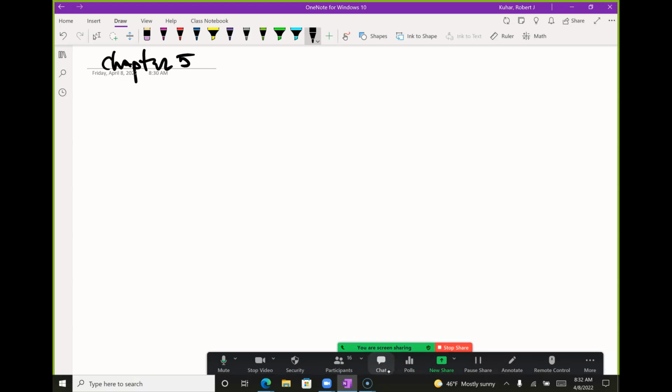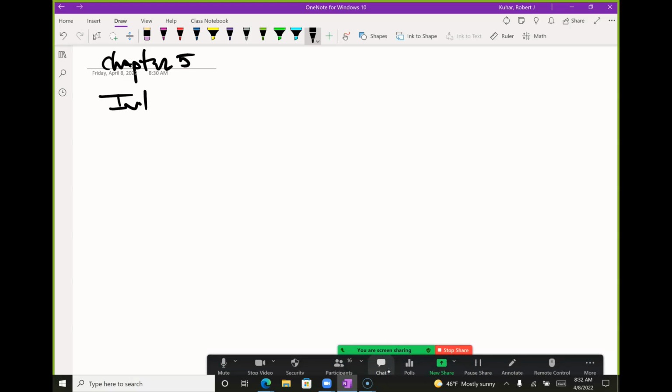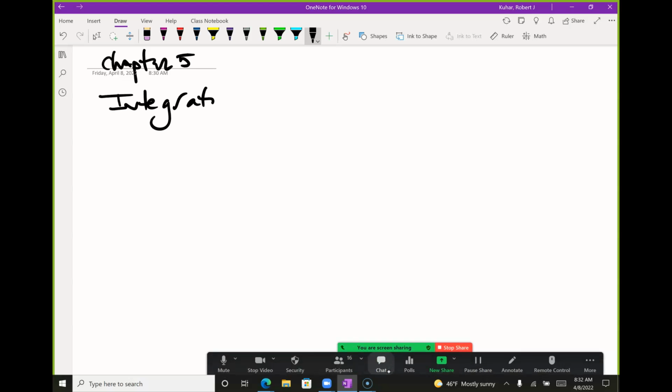All right, chapter 5, we're talking about integration. And we know what integration is, but it's so much more than what we had thought of before. It's finding the antiderivative, right?